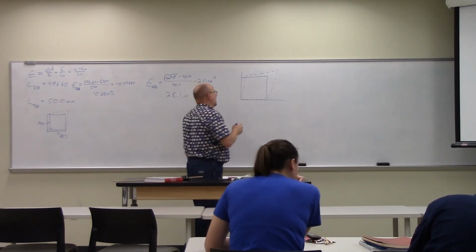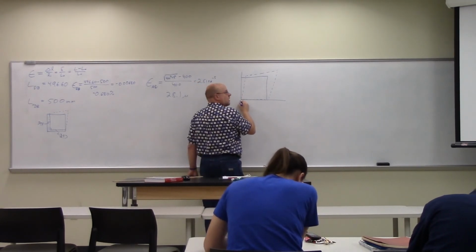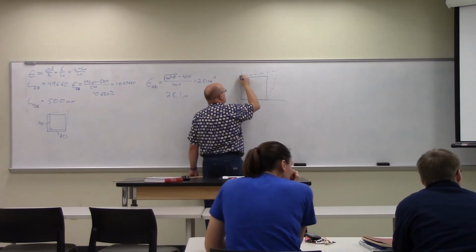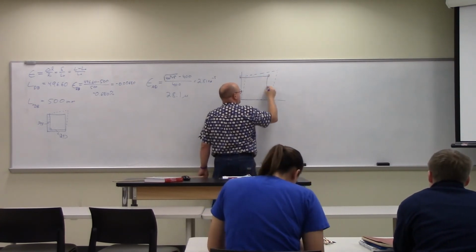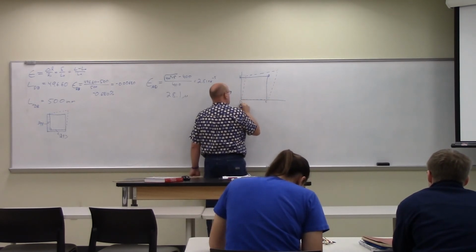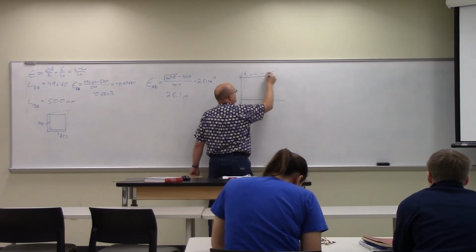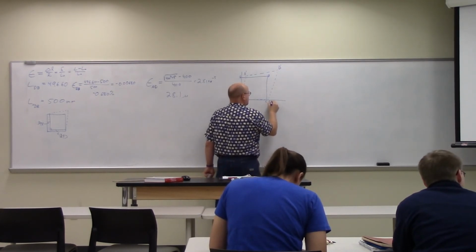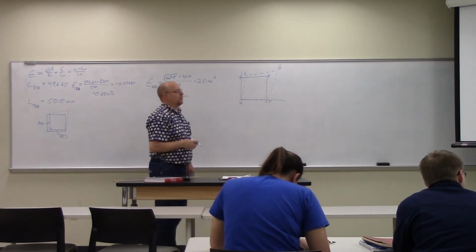Right. So we have A, B, C, D, and A prime, B prime, C prime, and then D doesn't move.